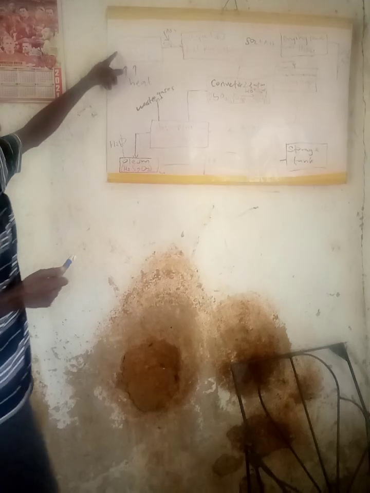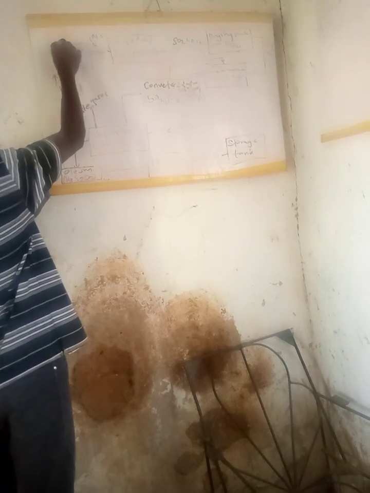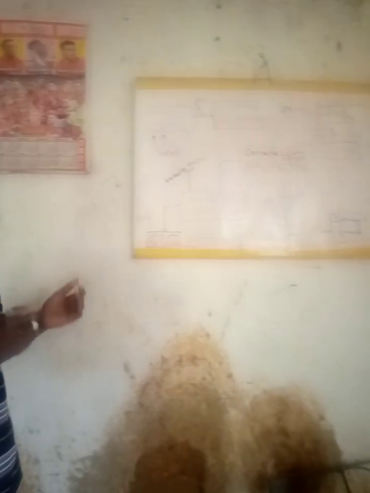So, let's look at some of the procedures. At stage 1, we have burning of sulfur in air to form sulfur oxide. At this stage, sulfur is burned in air to form sulfur oxide, or you can also produce sulfur oxide by heating a metal sulfide such as iron 2 sulfide.